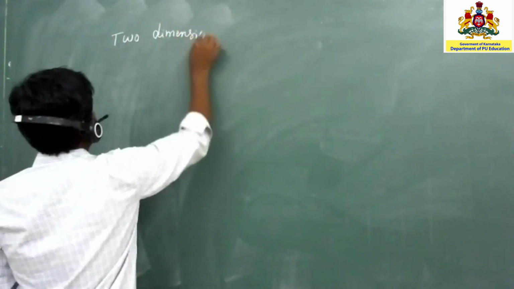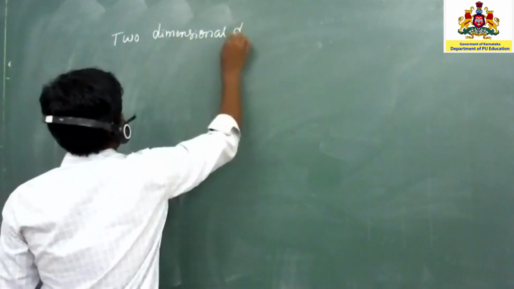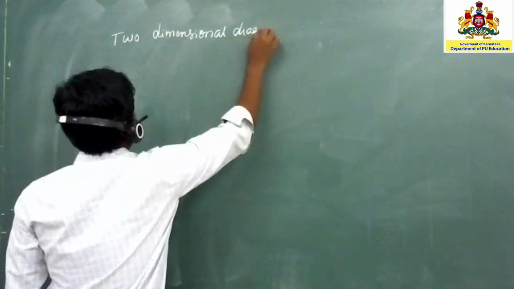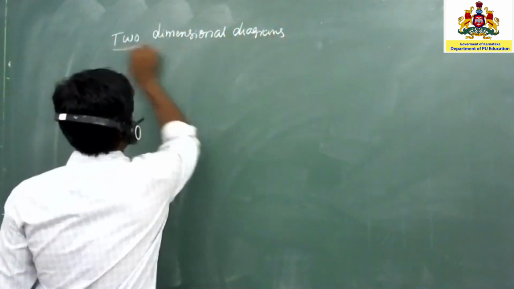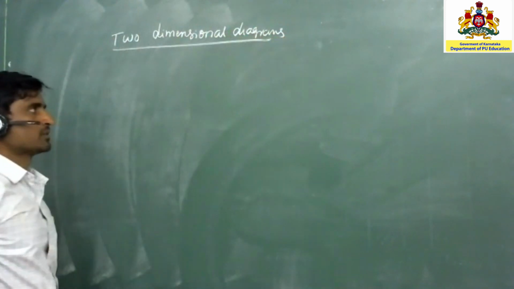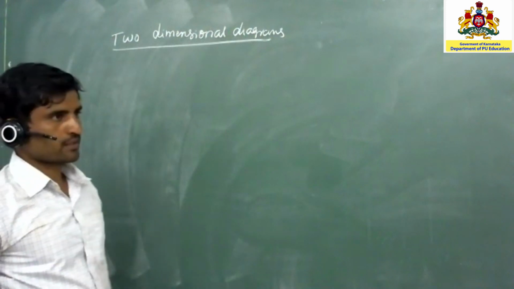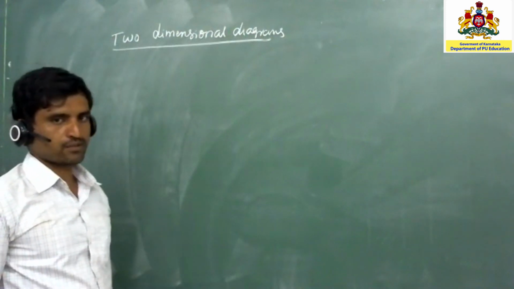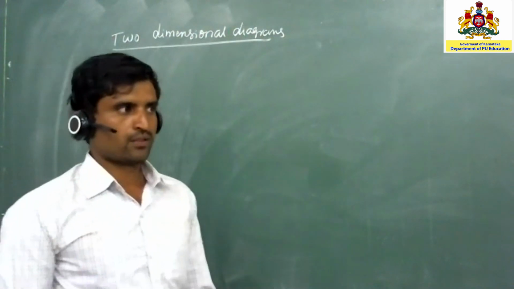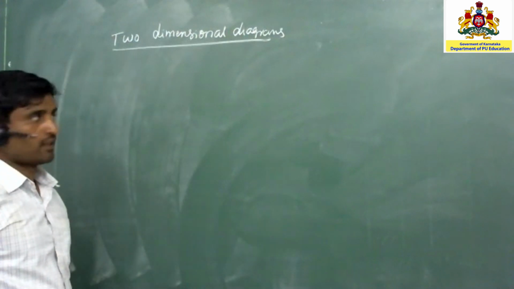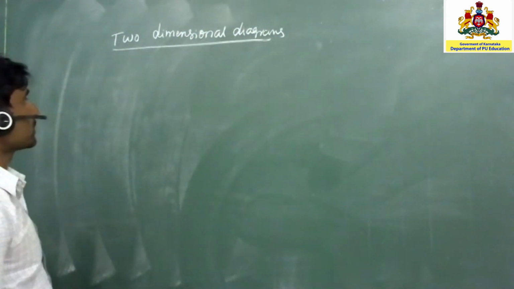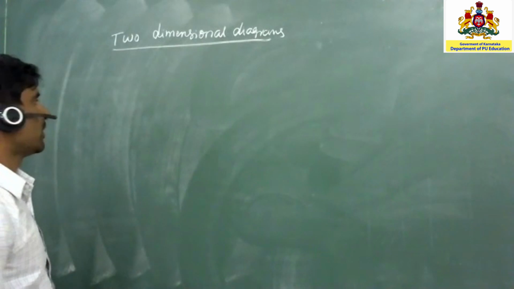Two-dimensional diagrams. What is a two-dimensional diagram? The diagrams based on two dimensions are called two-dimensional diagrams.